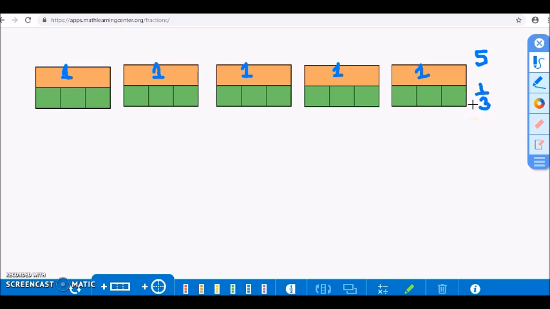Now, we want to know how many groups of 1/3 are in these 5 whole units. To find that, we simply count the total number of thirds under each whole.